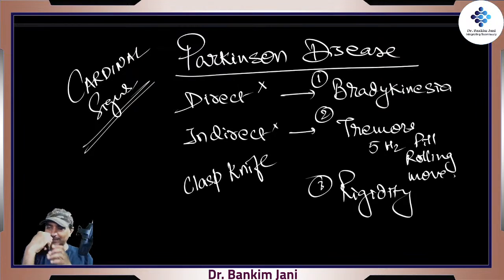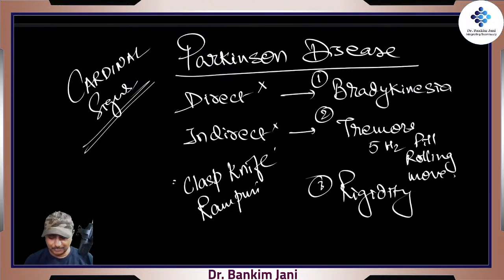In that patient, normally they remain in a flexed condition, so when you try to straighten their hand, the knife opens and then suddenly straightens, right? This is how we used to remember. The sophisticated name is clasp knife, but when we discuss it, I'll actually write it as Rampuri Chakku, because that way it is easy to remember, right?